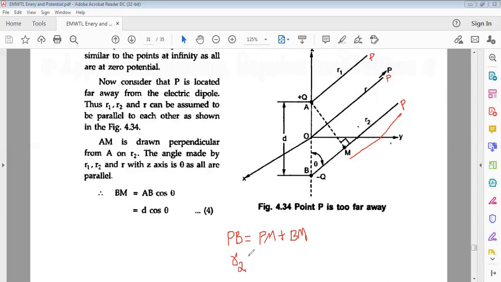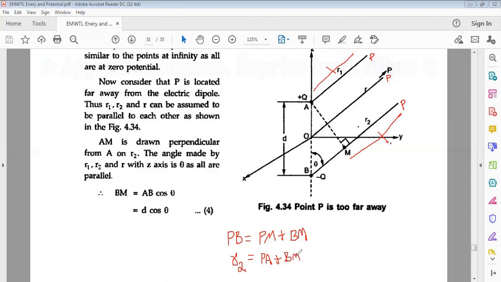R2 is equal to, what is PM? When you draw a perpendicular line from point A to point M, PA is equal to PM. These both lines are the same. So PM is equal to PA, I am writing, plus BM. What is the distance of PA?